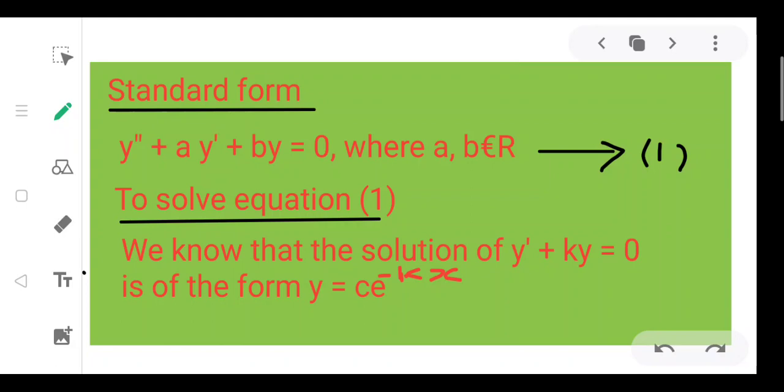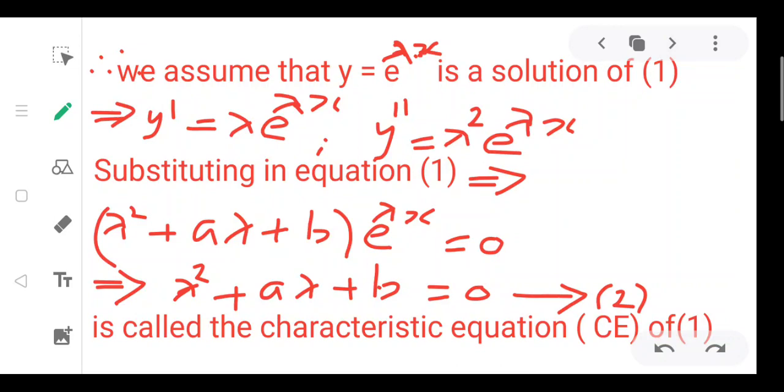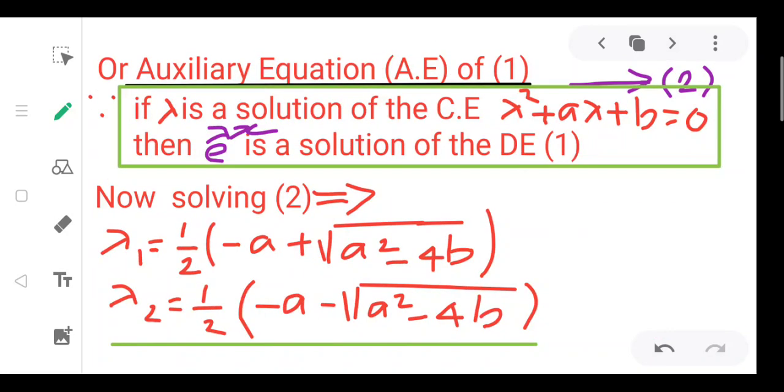Now, to solve such an equation, we assume the tentative solution of the given equation 1 as y is equal to e raised to lambda x, and substituting in equation 1 for y, y dash and y double dash, we can see that the auxiliary equation is lambda square plus a lambda plus b equal to 0, and this we take as equation 2. It is also known as the auxiliary equation or characteristic equation.